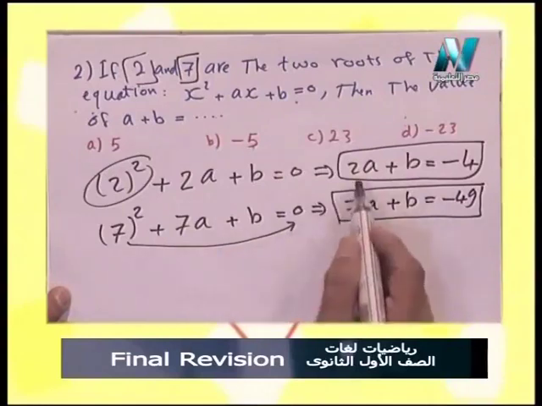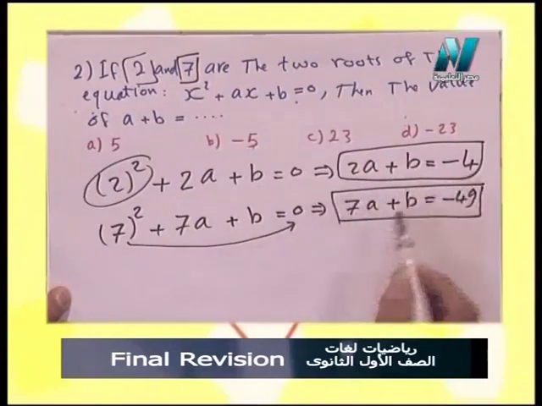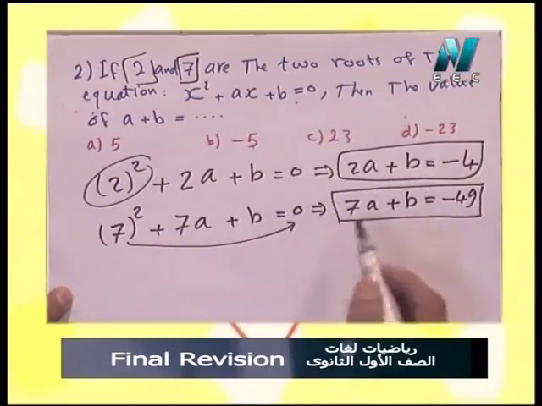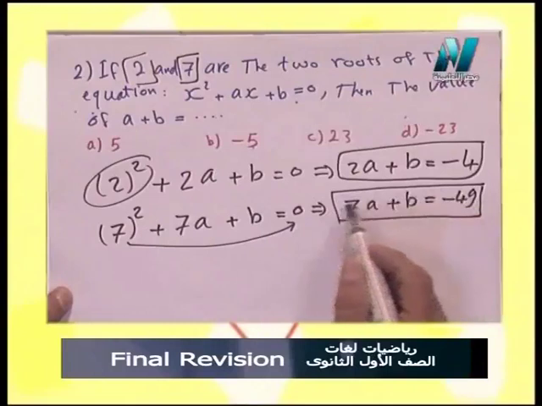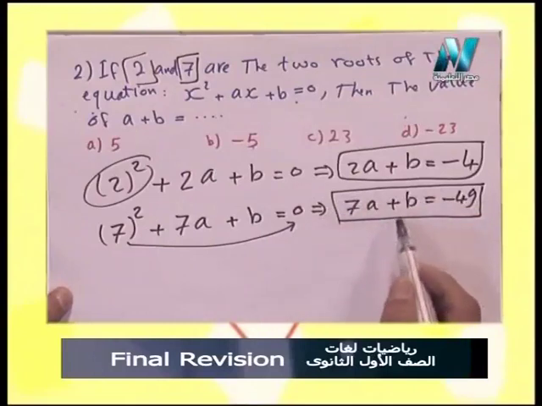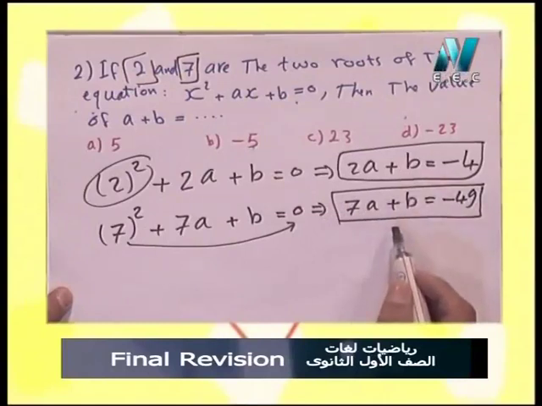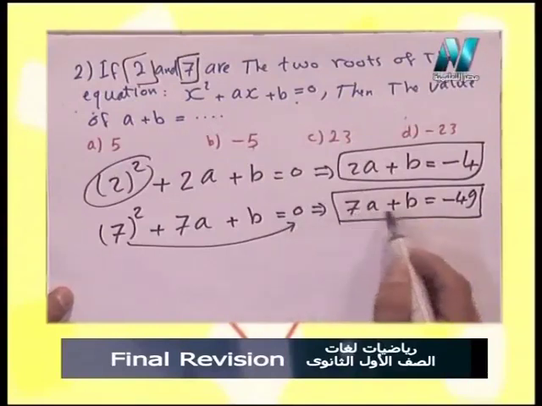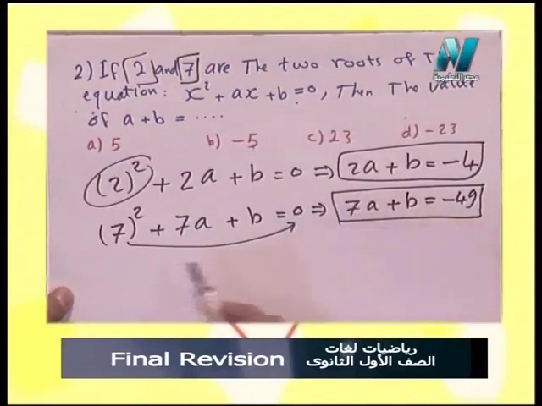Okay, we have here 2a plus b equals negative 4. We have 7a plus b equals negative 49. And if we multiply this equation by negative 1, then b will be negative b. And by adding, we can cancel the b and remain with a. So multiply the second one by negative 1.